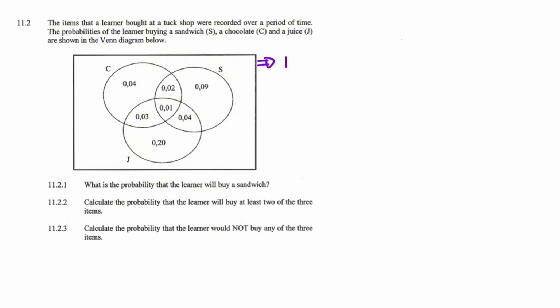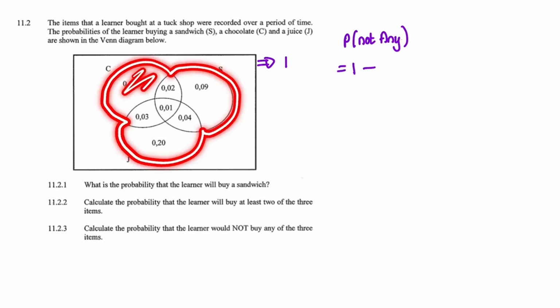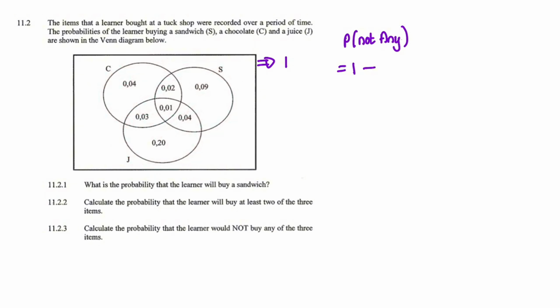So the probability of not buying any of the 3 items would be 1 minus the probability of buying one or all of these items. So it's 1 minus the sum of each of these values added together.